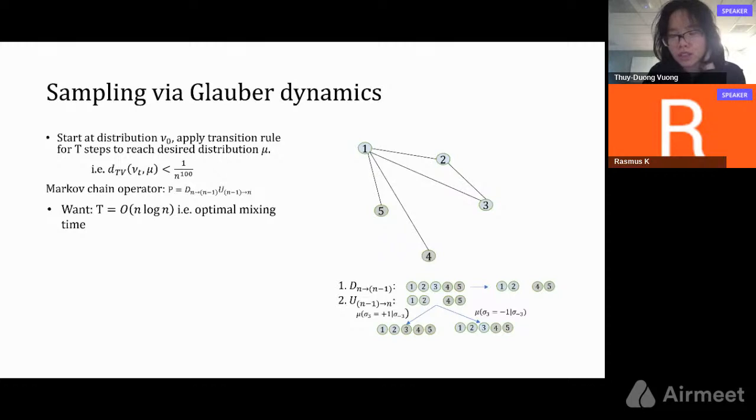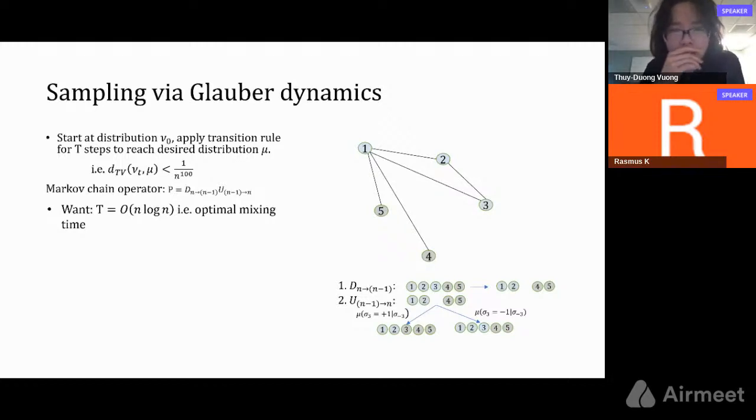We update 3 to plus with probability proportional to mu that spin 3 is plus conditioned on the remaining atoms 1, 2, 4, 5, and similarly update it to minus conditioned on the state of the remaining atoms. We iterate this a few times, and after iterating this rule a few times, we will reach the desired distribution mu.